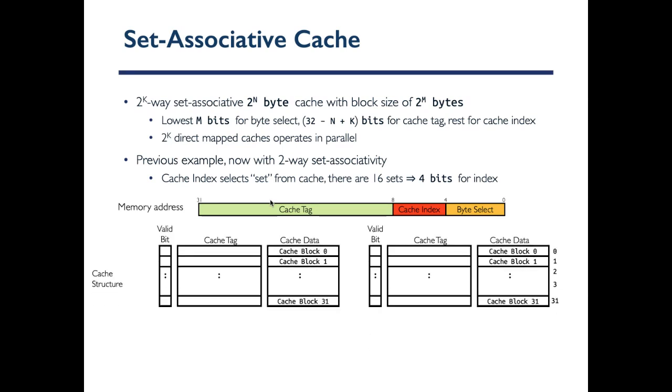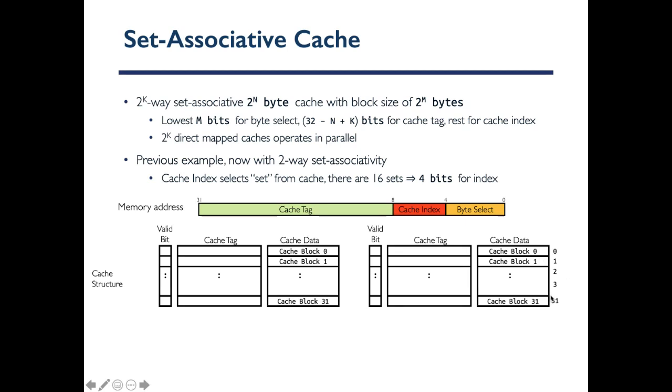Okay, so how do I check now? Let's say I have a 2-way set associative cache. This means that I will have two blocks per set. So that basically means as if I have divided my cache into 2.